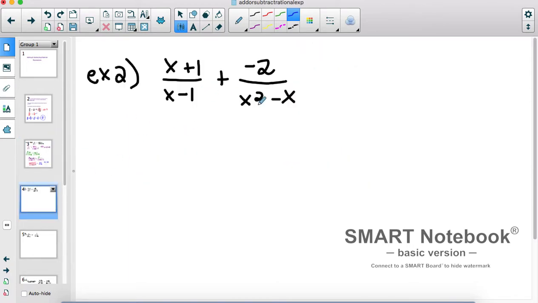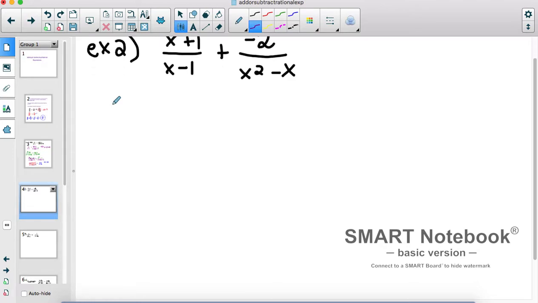Example 2. x plus 2 over x minus 1 plus negative 2 over x squared minus x. First step, factor, right? I can't do anything to my first fraction.